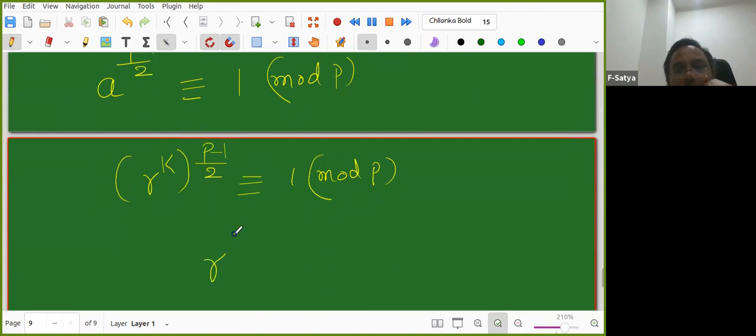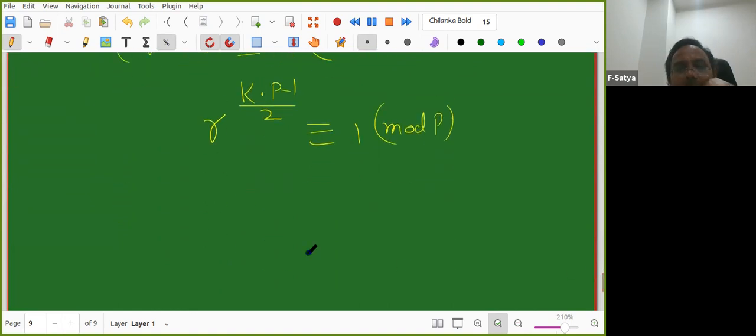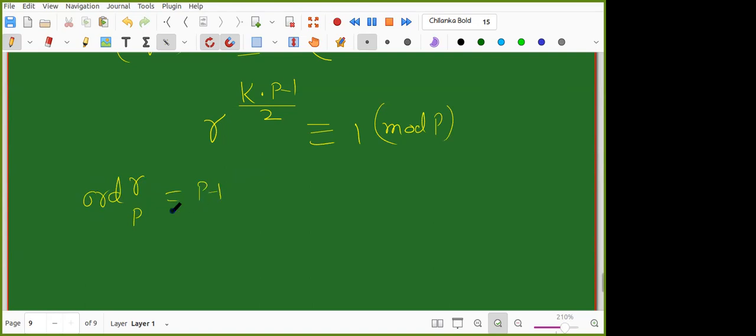So that means r power k times (p minus 1) by 2 is congruent to 1 modulo p. What next? You see that r power something is 1 mod p, but what is the order of r? p minus 1.